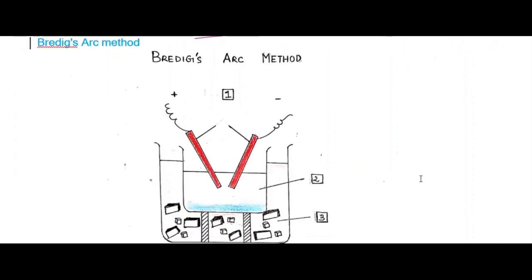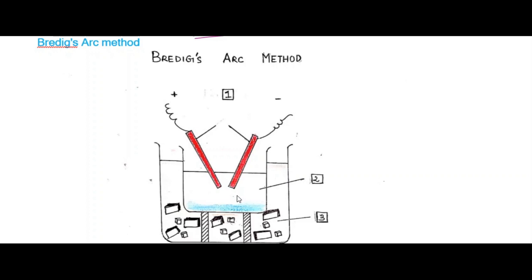Now let us move to the next method called Bredig's arc method. In this method, you have a cathode and an anode. So when the solution is subjected to electrolysis, this is possible. We are breaking the suspended particles into the colloidal particles.